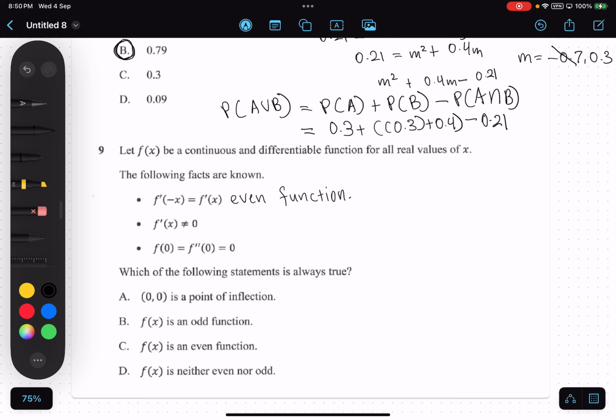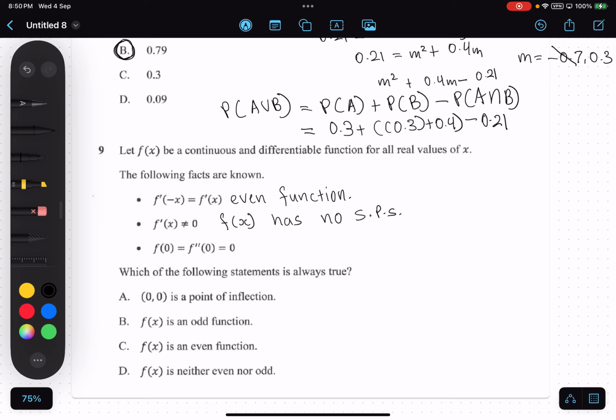It's never 0. So that means that f of x has no stationary points. f of 0 equals f double dash of 0, which equals 0.